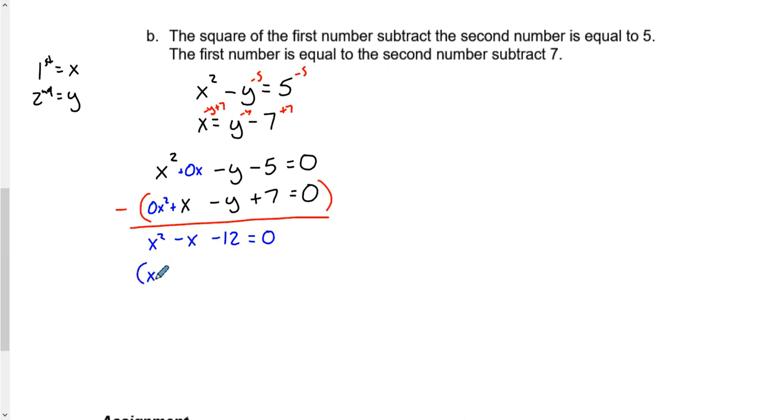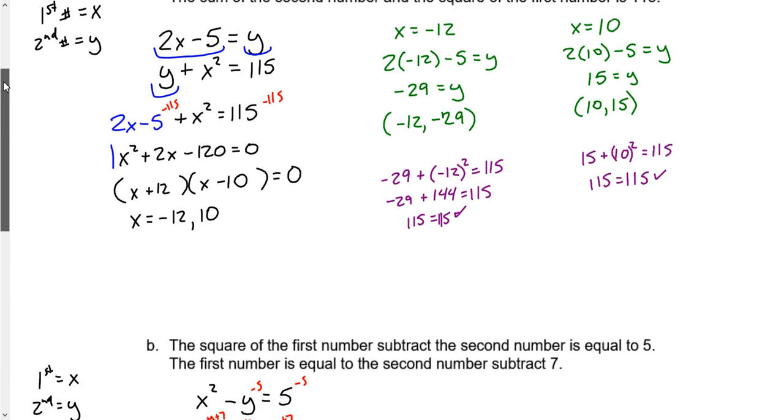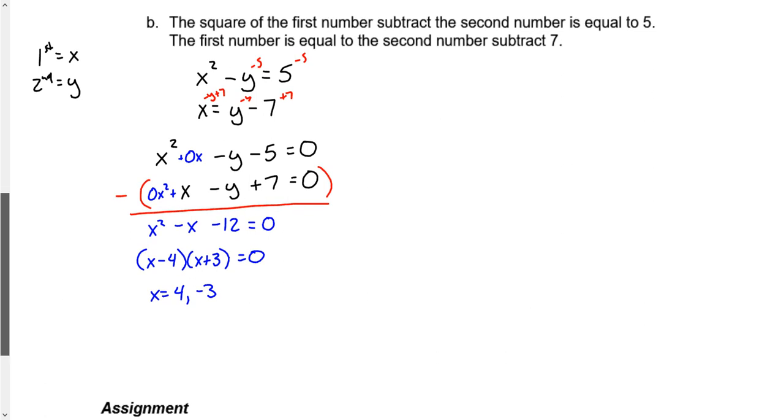Quick factoring, this is x subtract 4, x add 3. So x would equal 4 and negative 3. Here, I'll plug in the first one, make my life easier on the second one.